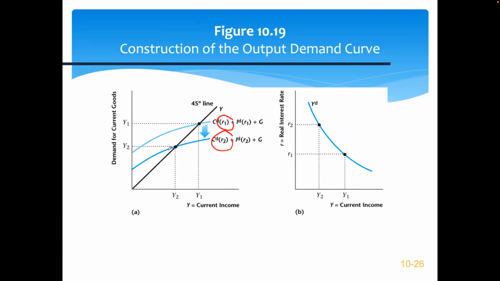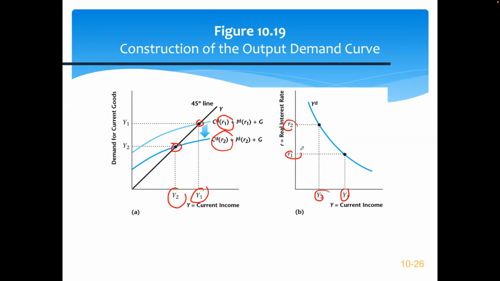Right. So in either case, the curve is going to fall down, and then we are going to cross the 45-degree line. This is how we determine the actual demand or actual GDP, right? And then this is going to fall from Y1 to Y2. So that means when the interest rate increases from R1 to R2, your GDP is going to change from Y1 to Y2.